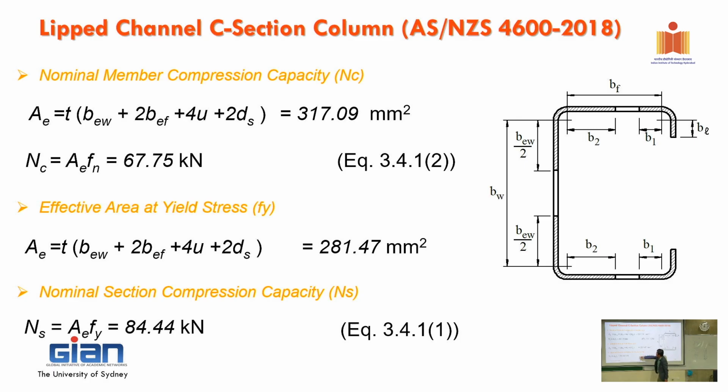So with section capacity, I told you before, we got AE for Fy, and just simply times Fy, and then we got the section capacity. You can see section capacity here is greater than member capacity, which means that our section is not effective yet. It's not going to the maximum yet.